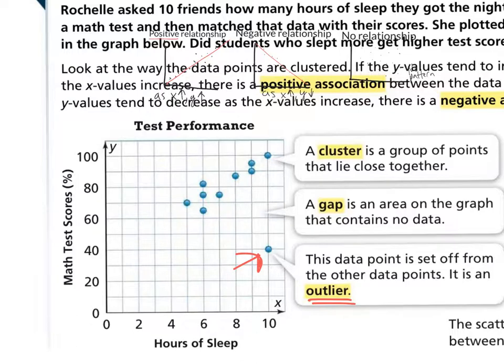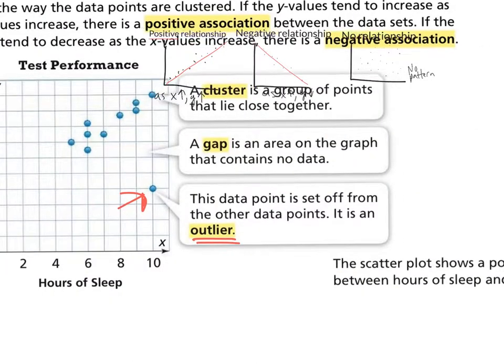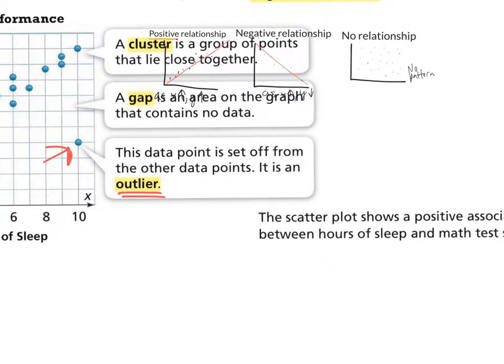it's a point that's set off from the other data points, the book says. I had a book before, and their definition, I think, would maybe be best said with a British accent.